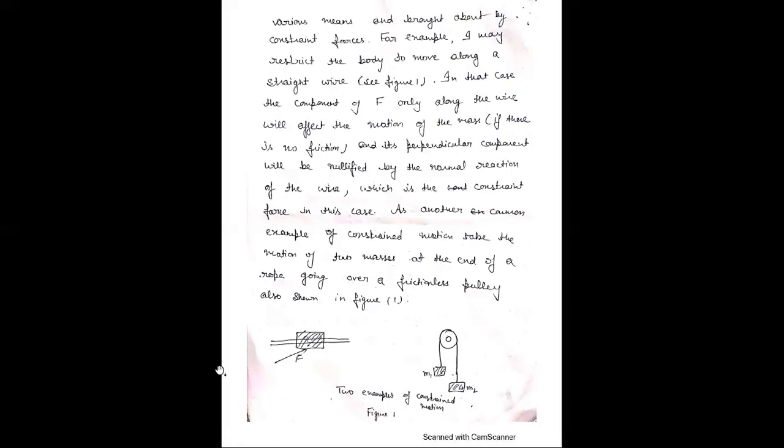For movement we apply a force F. If we apply F, then there is a motion of the body, but some forces which act on the body restrict or stop their motion, and those forces are called constraint forces. Here, if we apply F, then there are two components of F.